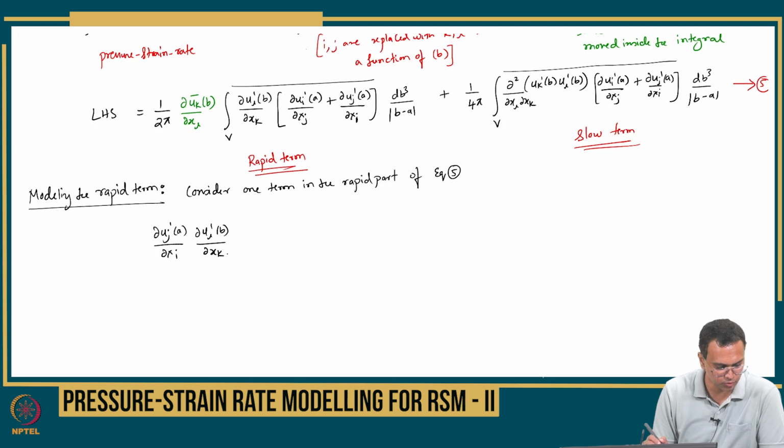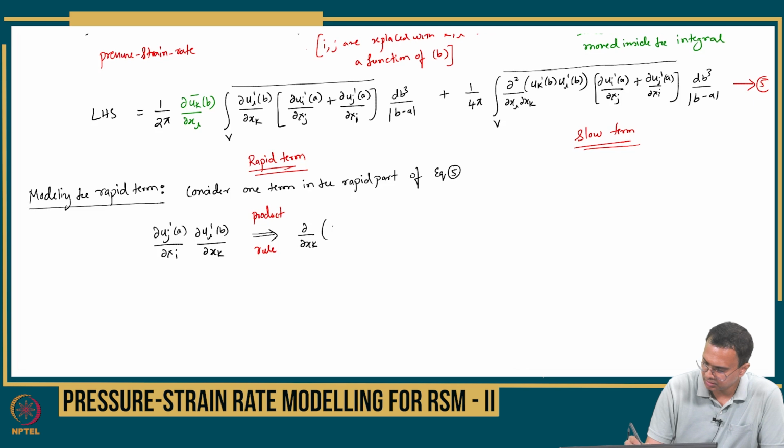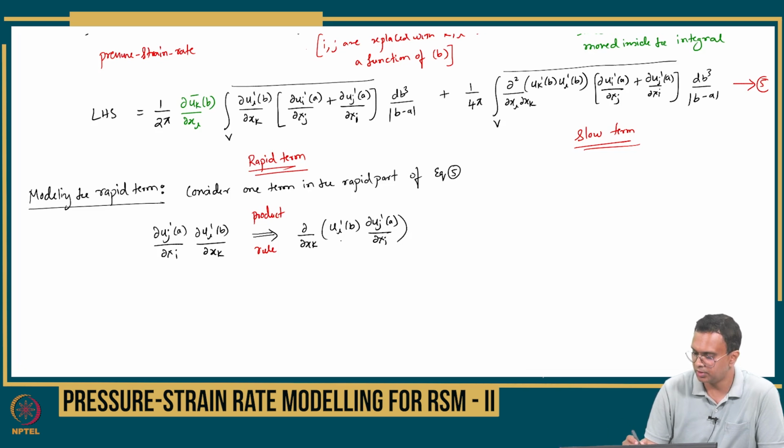Now I'm going to use the product rule here. What will this become? If I use the product rule, I get dou by dou xk of ul prime of b dou uj prime of a by dou xi. So if I use the product rule for this, I am going to get the left hand side term and one more term.